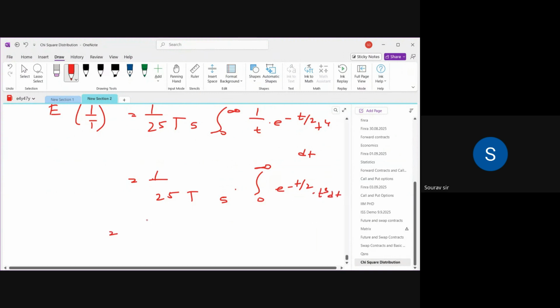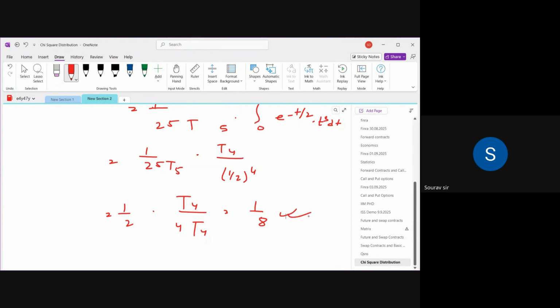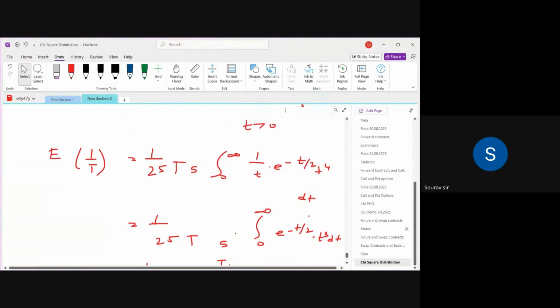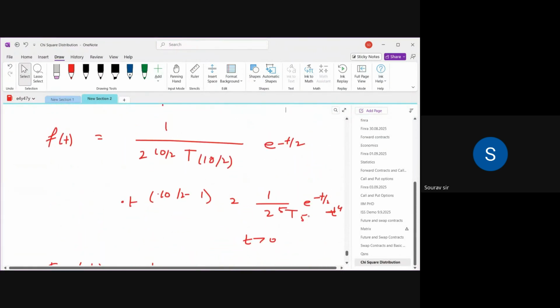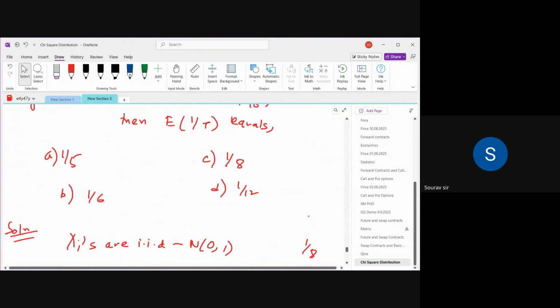Okay, so that is 1 by 2 to the power 5 gamma 5 times gamma 4 times 2 to the power 4. So that is equivalent to 1 by 8. Good. So the correct option is 1 by 8. Who told me that is the correct option? Okay, that is the answer.